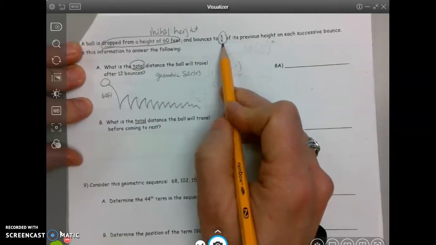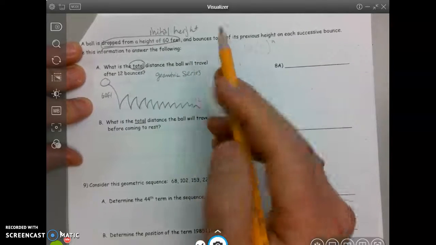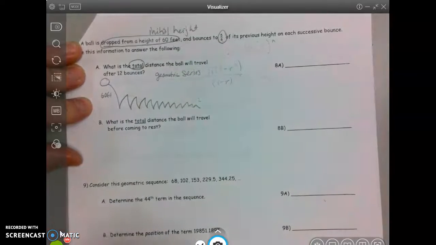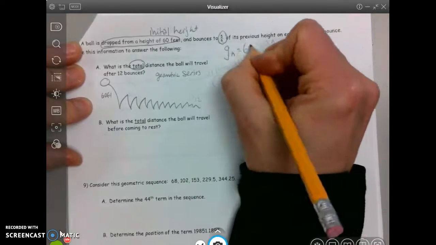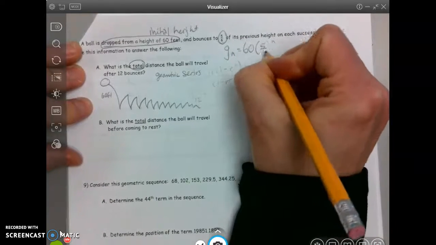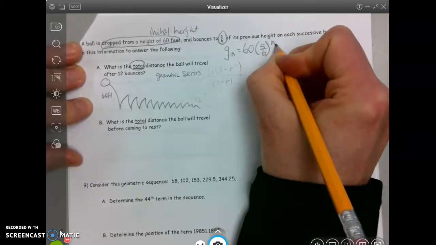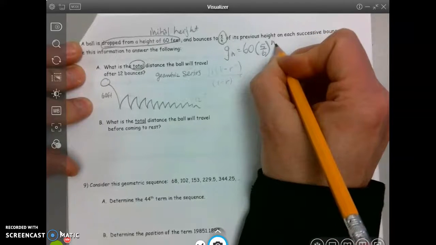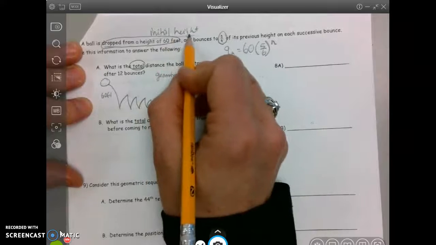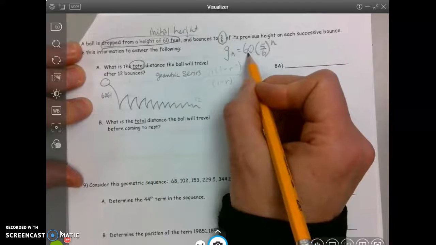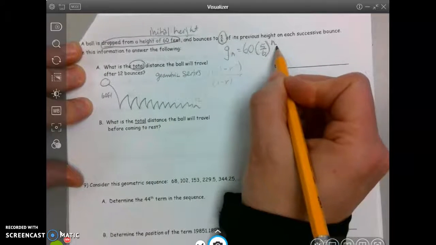I'm not decreasing by 5/6 of a foot. I'm actually multiplying the height times 5/6. So my formula would be 60 times 5/6 to the n, or should it be n minus 1? That's what we need to think about. Since this is the initial height, then this is n. If this was the first bounce, this would be n minus 1.